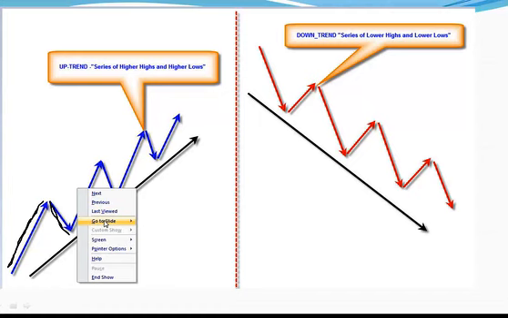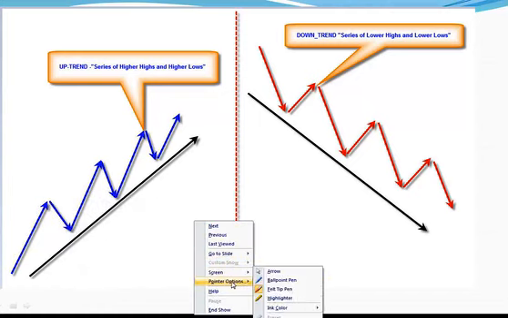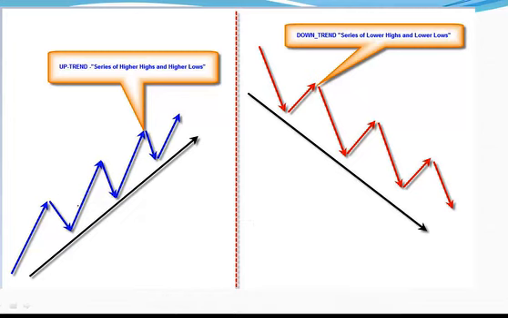Let me fix the color so we have a nicer color. There we go. So here we go. You have your low, you have your high, and then you have your higher low. This right here is called a retracement, or it's called a pullback, PB, pullback.